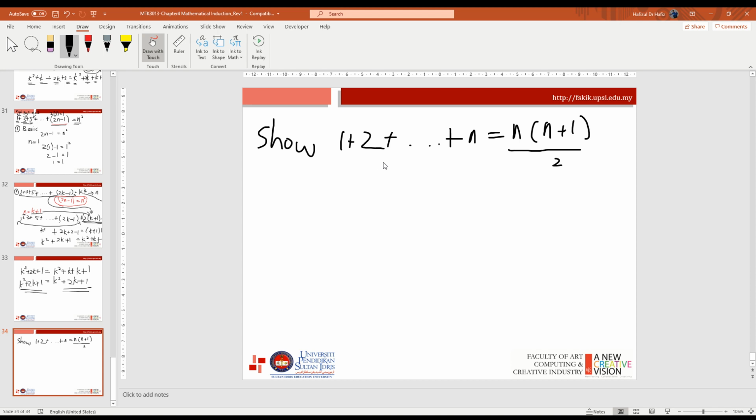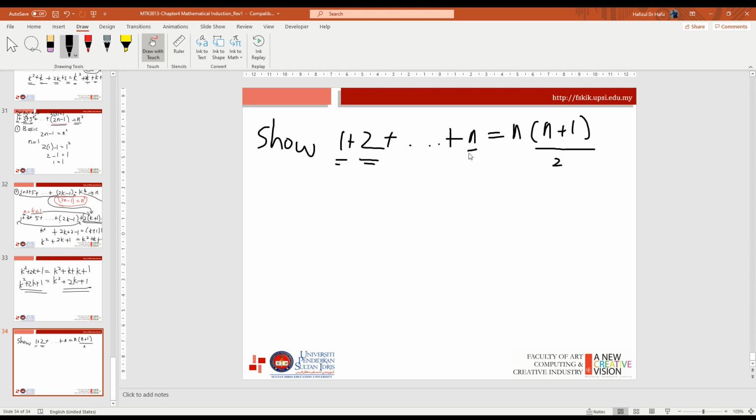Okay, kenapa dapat 1? Kita ganti nilai n lah. 1 tambah 1, 2. Bagi 2 dapat nilai ni.